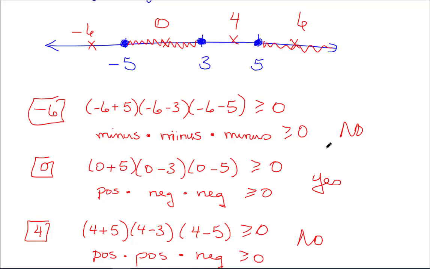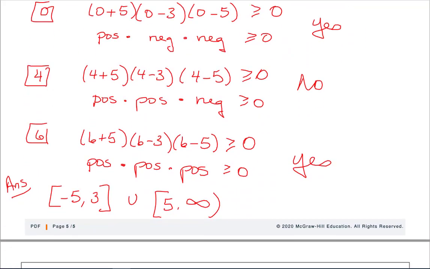If I try the 0, I would get a positive, a negative, and a negative. So that's really a positive times a positive, and is that bigger than 0? Yes, that's why that's shaded in. If I try the 4, all right, that would be positive, positive, negative.